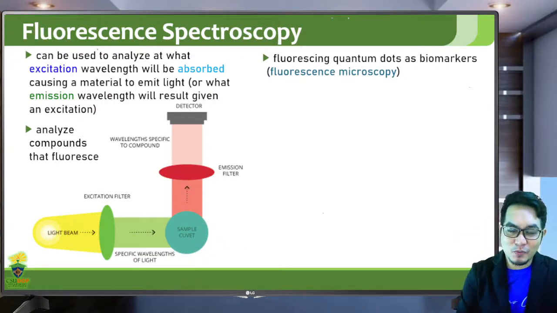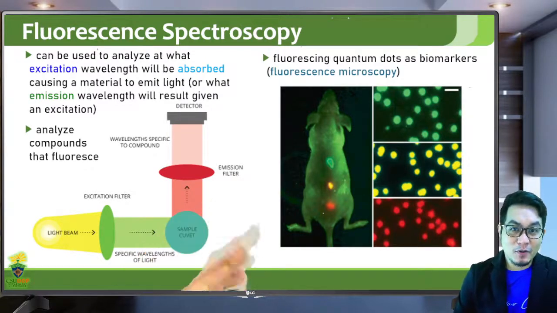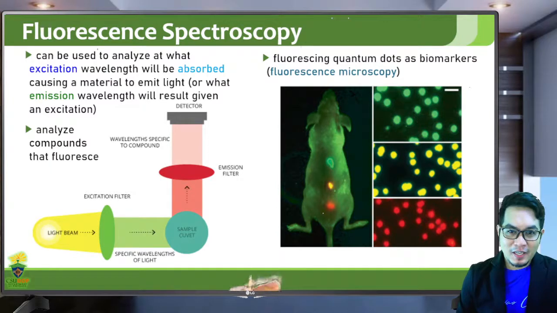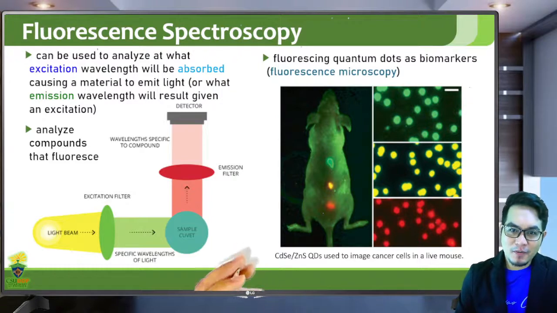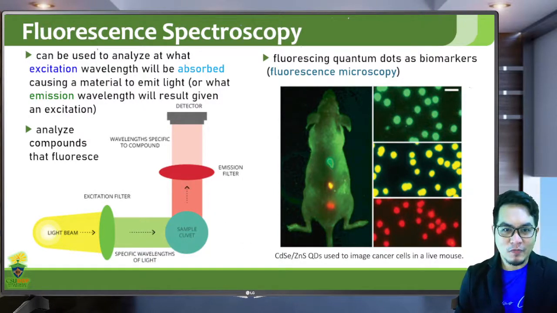You first need to determine what wavelength to use to excite your fluorescent quantum dots, and what the expected emission wavelength will be. So they use fluorescent quantum dots as biomarkers to image cancer cells in a live mouse. Before you can go to microscopy, you first need to do spectroscopy.